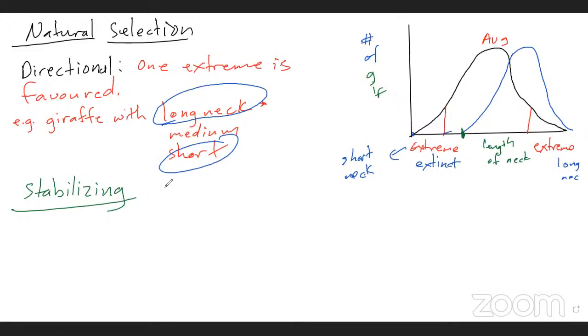For stabilizing now, the average is selected.